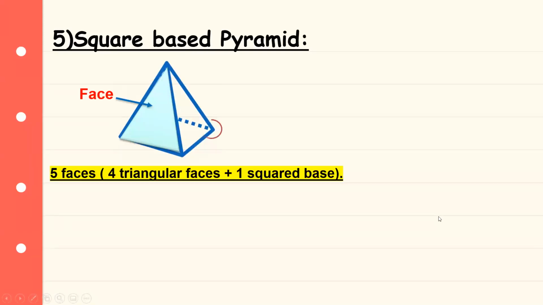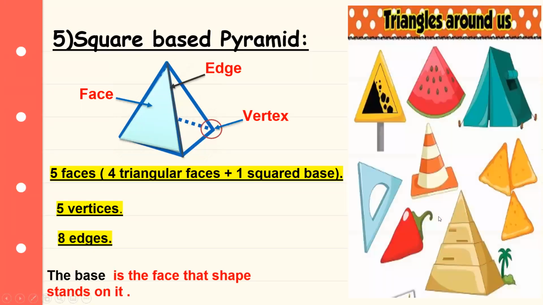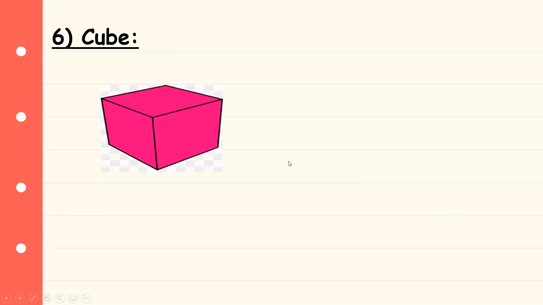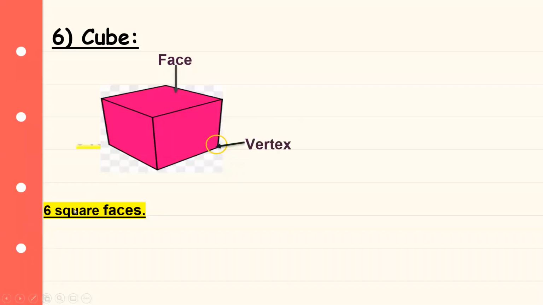Then we have square-based pyramids. And then we have the cube. How many faces does the cube have? 6 square faces.